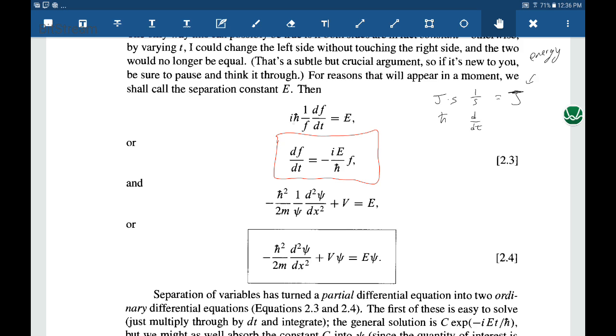H bar, that's a physical constant. It's Planck's constant. It was found in the early 1900s. It's been refined over many experiments. It's a way for measuring energy times time. That's what Planck's constant is.